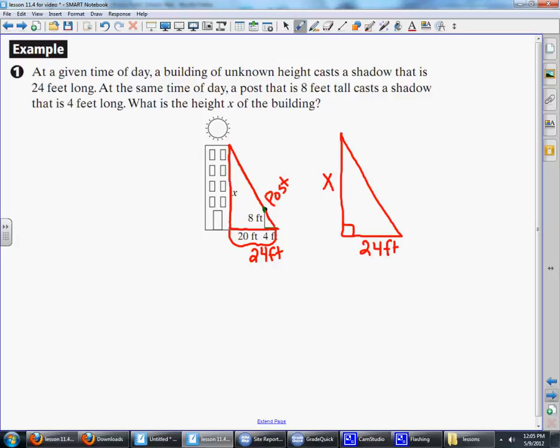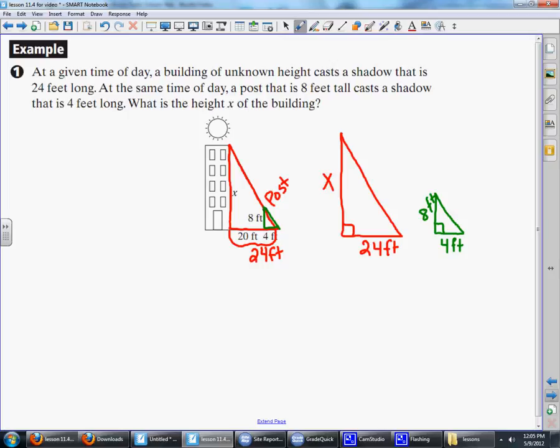The second triangle in this figure is the pole and its shadow length. So we have the pole's shadow length, which is 4 feet, and then the pole's height is 8 feet. So we want to find what is the height of the building.